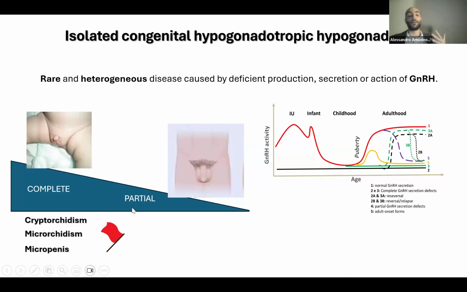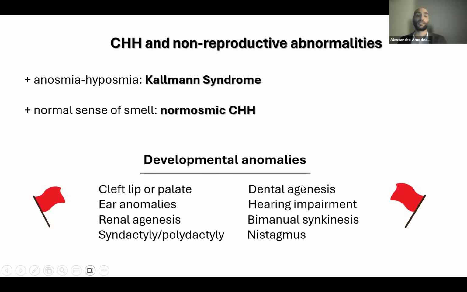Conversely, we have partial forms of CHH with a mild residual gonadotropin releasing hormone activity and a milder but more ambiguous phenotype, but a better prognosis in terms of fertility. The genes that are associated with congenital hypogonadotropic hypogonadism may also cause extragonadal defects.